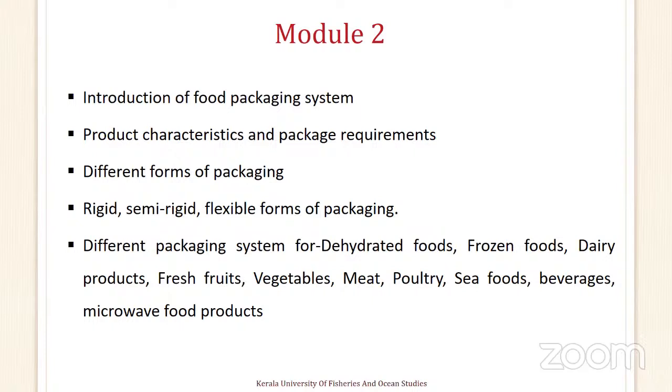We have also seen the packages we discussed earlier, for example glass, metal-based or aluminum cans, and plastic-based containers. These are basically divided into three forms: rigid, semi-rigid, and flexible. We also saw how these packaging materials differ based on the food products. So for different food products, we had different packaging systems.